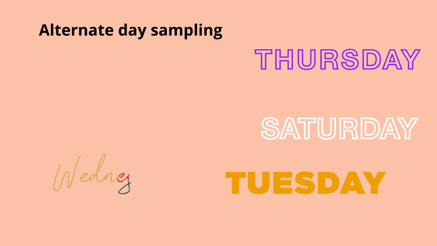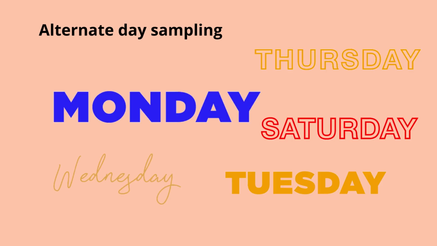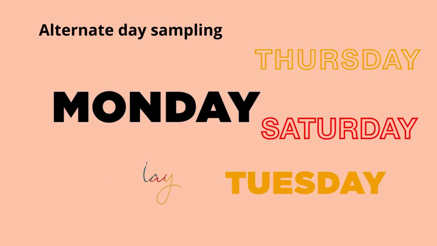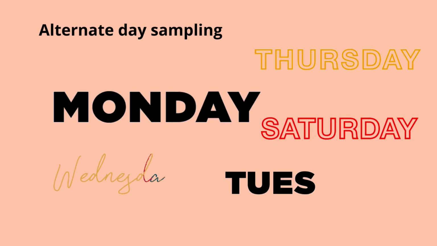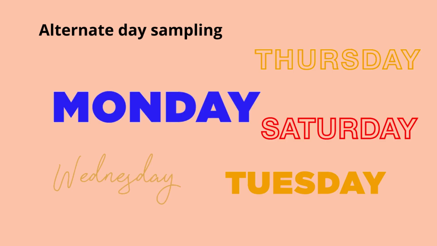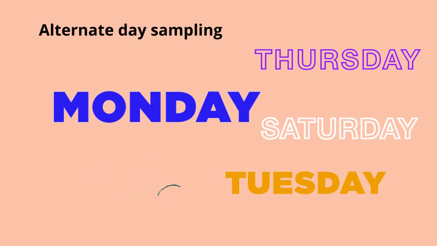In order to remove the bias introduced by differences in health-seeking behavior that may be associated with particular days of the week, the chosen day or the chosen days on which cases are selected should be systematically alternated from week to week.